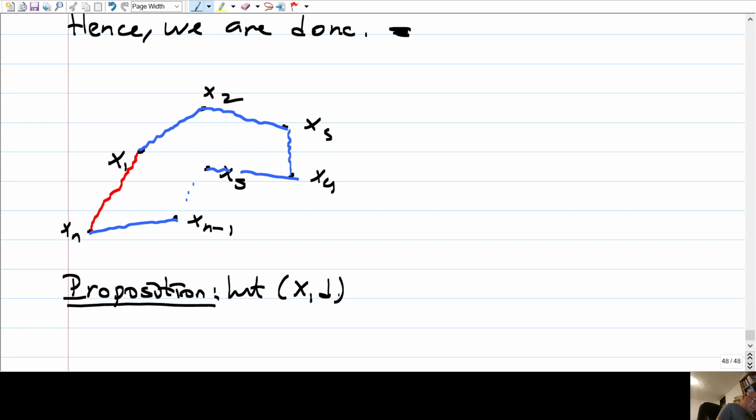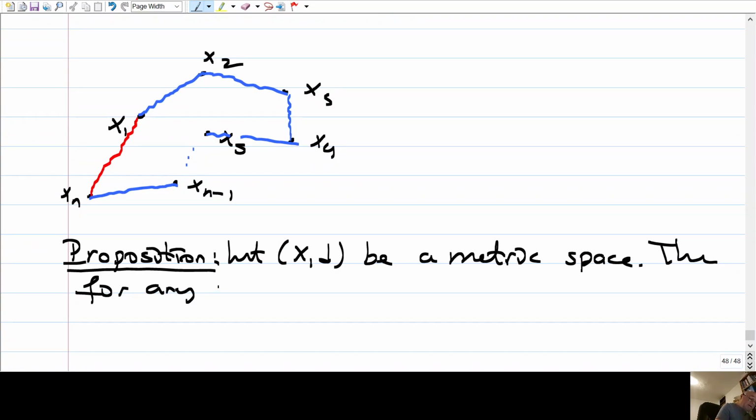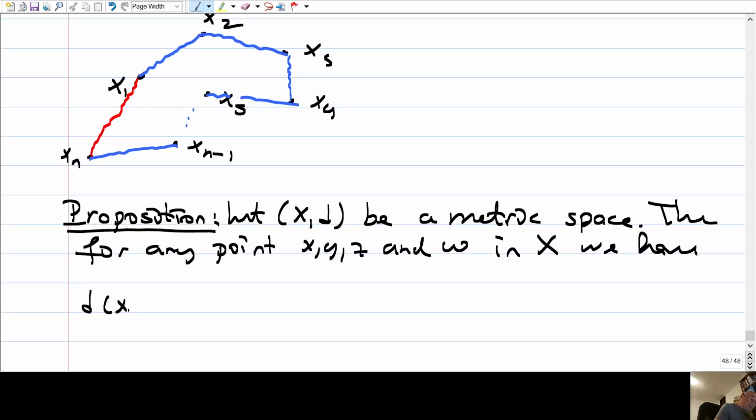Let (X, d) be a metric space. Then for any points x, y, z, and w in X, so whenever you pick 4 points, we have the following: the distance from x to w minus the distance from y to z.